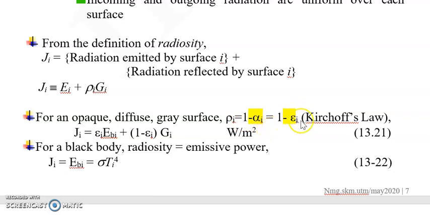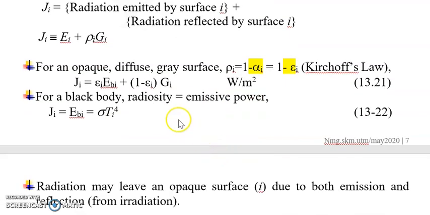But you know the emissivity, so you can get the reflectivity from this relation, and you substitute it in, you get 13.21 in watts per meter squared. For blackbody radiosity, the emissive power, you just have 13.22. J is just sigma T1 to the power 4, T in Kelvin.